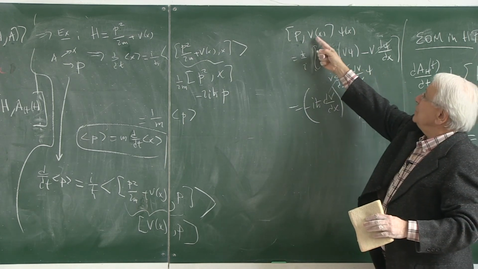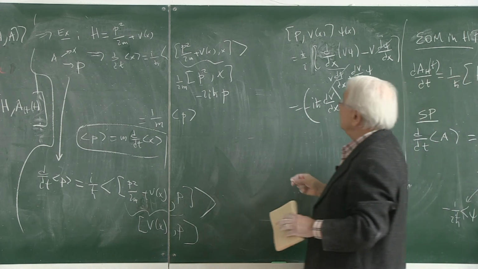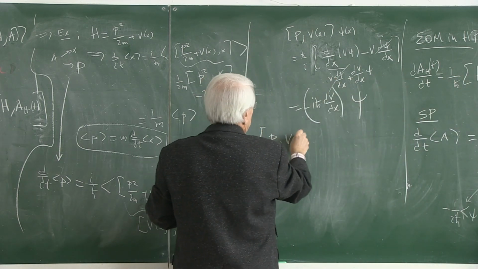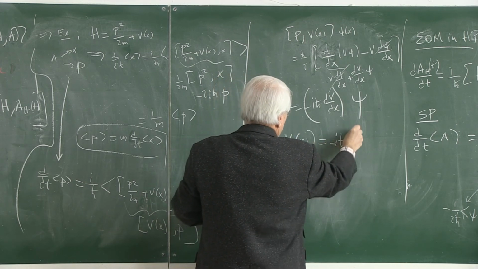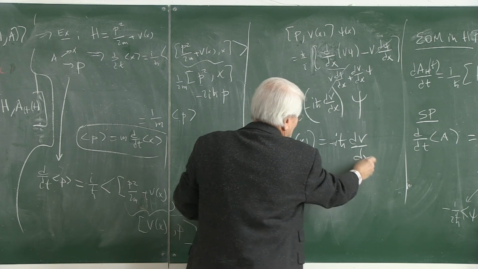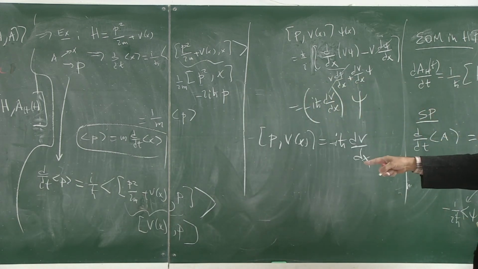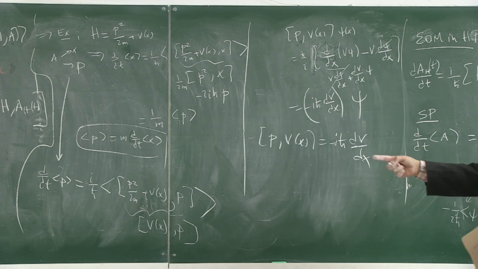The commutator of p with V on psi is this on psi. You drop the psi, and so you have the commutation relations derived. This is how you derive commutation relations. Okay, so that's what I need there. p with V of x is minus i h bar, so V with p is plus i h bar.